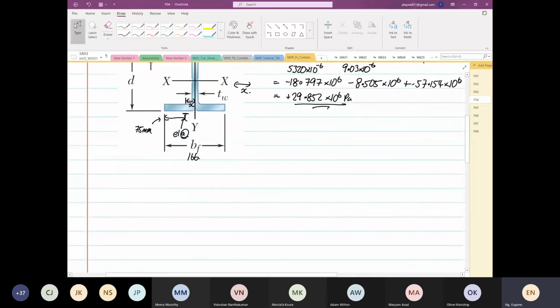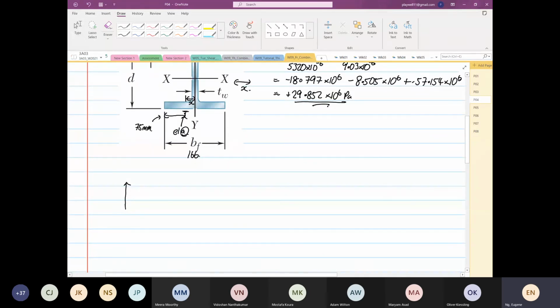If I were to draw the element now, this will be my y. Oh no, this will be, based on the orientation, we have our x, y, and z.